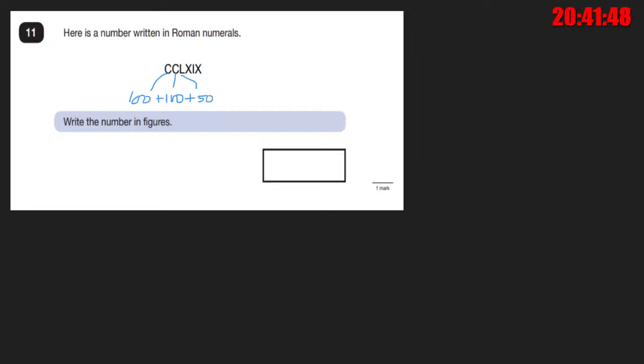And now X stands for 10, IX stands for 9. Careful, IX means you take away 1 from 10, which is 9. So the correct answer is 100, 100, 50, 9. 269 is the correct answer.